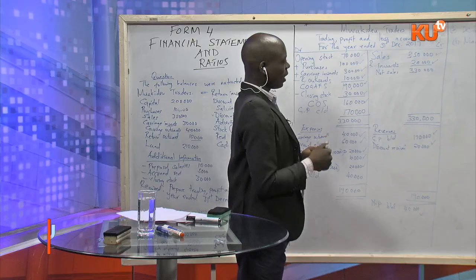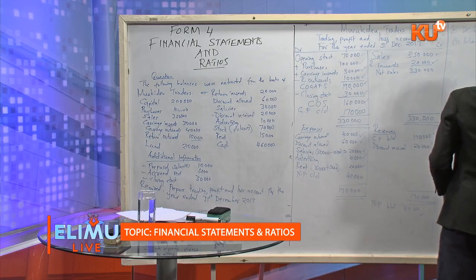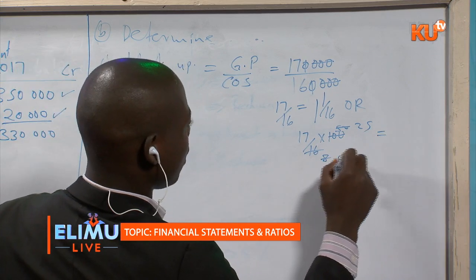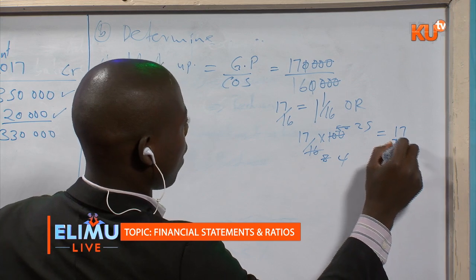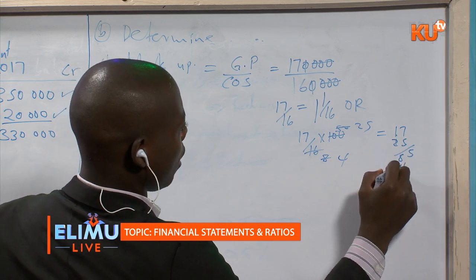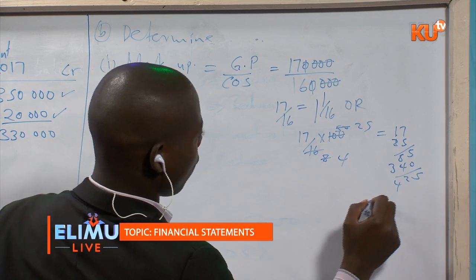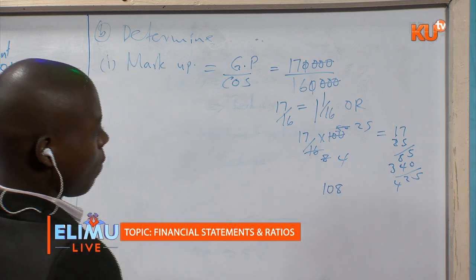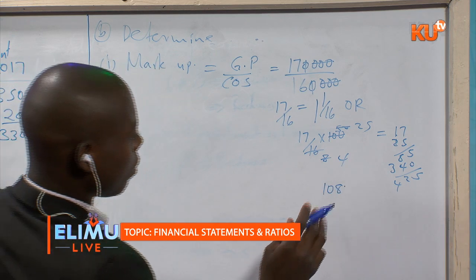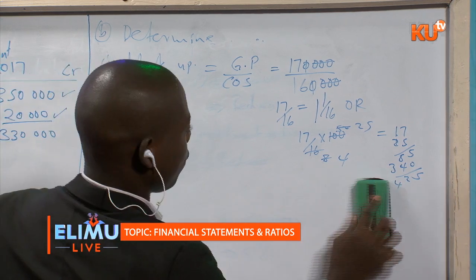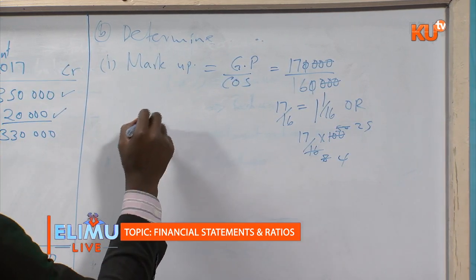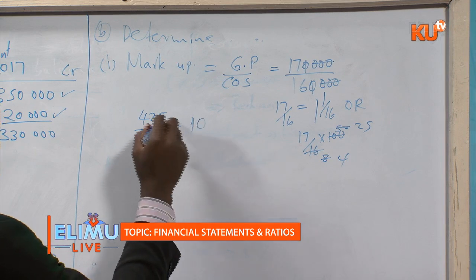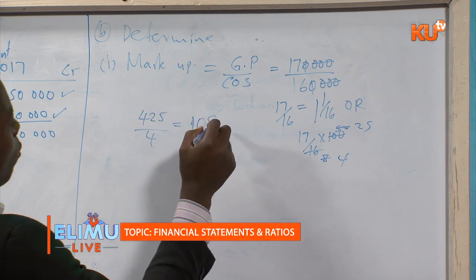That will give you 1700 over 16. If we do the simplification, we divide by 4, which gives us 425 over 4, that is 106.25.